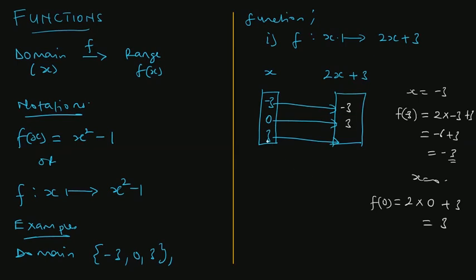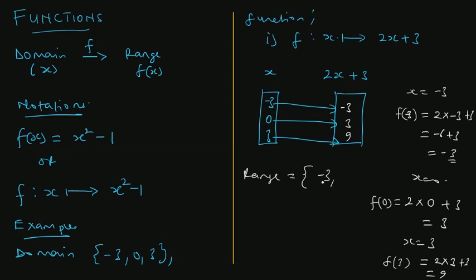When x is 3, what is f(3)? Where there is x, we put a 3 in this function. So we have 2 times 3 plus 3, which is 6 plus 3, giving you 9. So the range is -3, 3, 9.